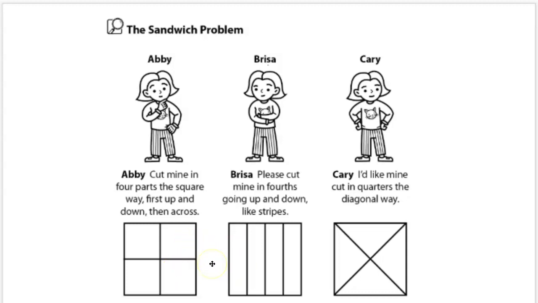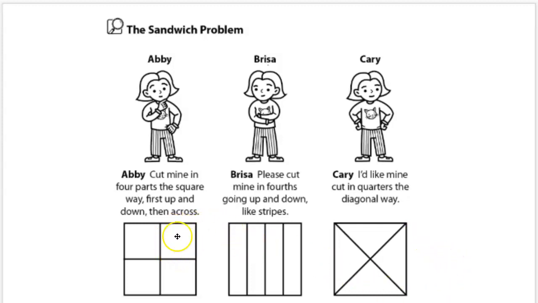Now, even though these sandwiches started off as the same size, remember, they're the same size as a whole sandwich, even though they're cut into fourths that are different shapes, are they the same size? That's the really big question we're talking about today. Are they all the same size?